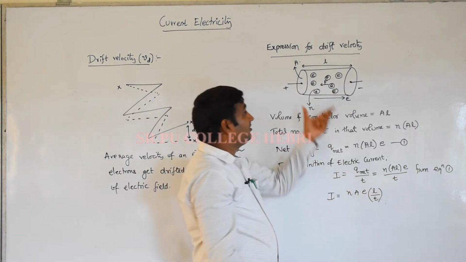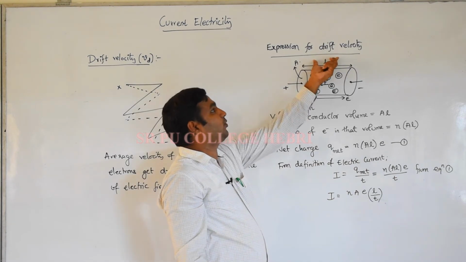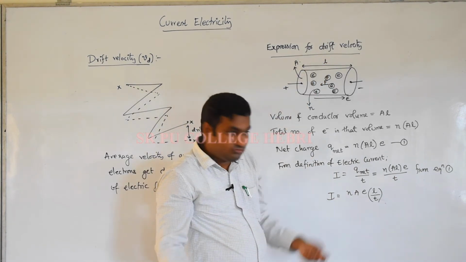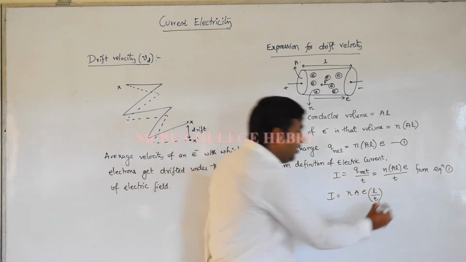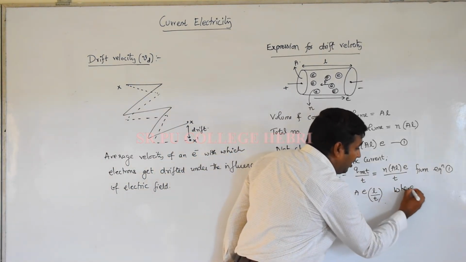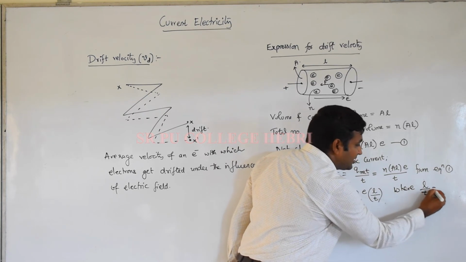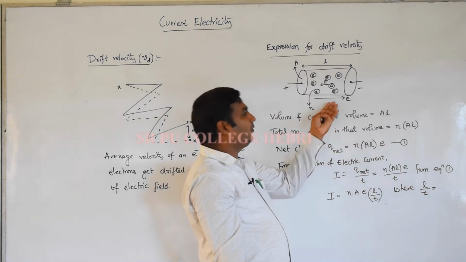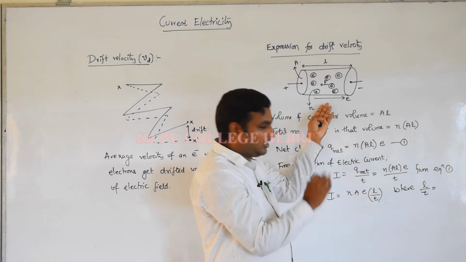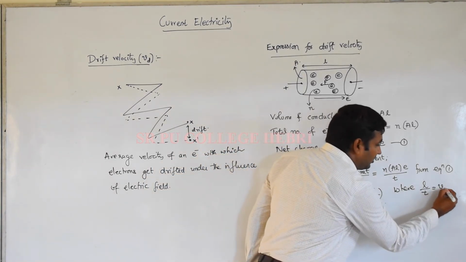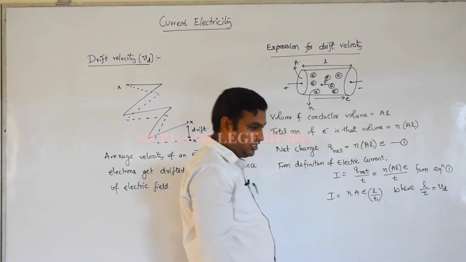And here, the distance covered by the electron is equal to L in an interval of time T. Length divided by T is the velocity, but that velocity is under the influence of electric field, where electrons get drifted. That velocity we call drift velocity Vd.